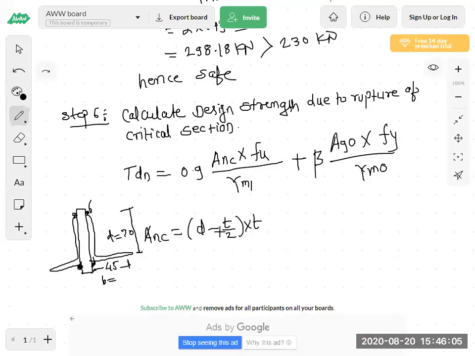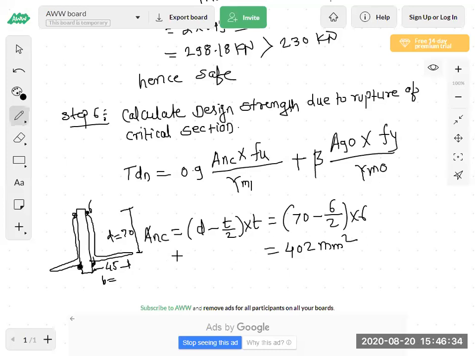Because a bolted connection is not there. Here only the welded connection. Now we have to use this formula. D is 70 minus t by 2, 6 by 2 into 6. So what is the ANC? 402 mm square.